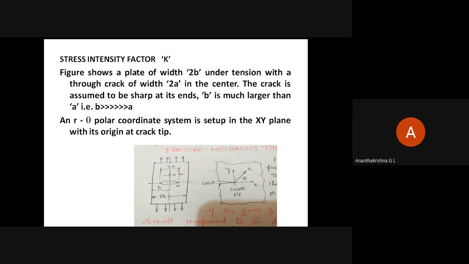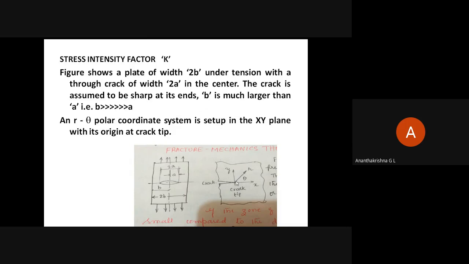Now, a small part of this crack, that is the end of this crack, is taken over here, and a polar coordinate system in terms of r and theta is set up in the xy plane with its origin at the crack tip. So this is the crack tip and this is the crack.